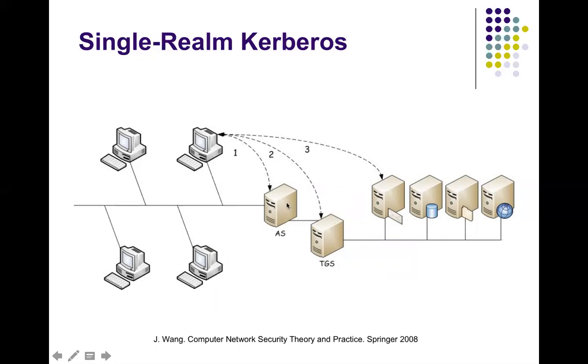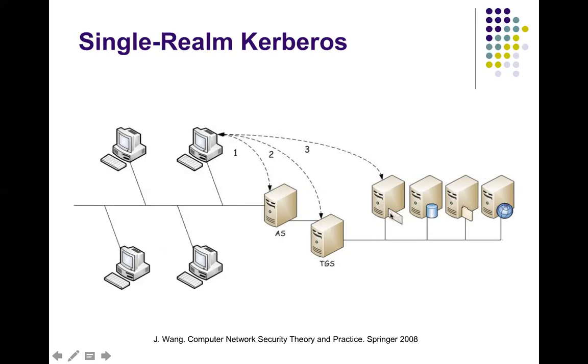Okay, so we have an AS server that is responsible for authenticating users. So these are the users' computers on this local area network. Okay, and the TGS server is responsible for managing or authenticating users to these servers.